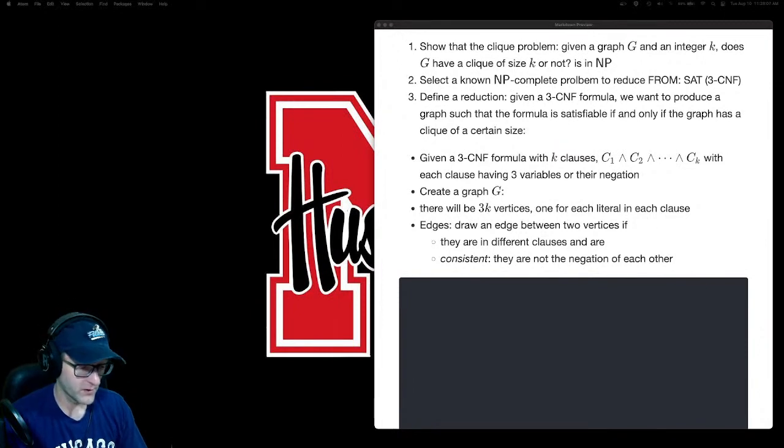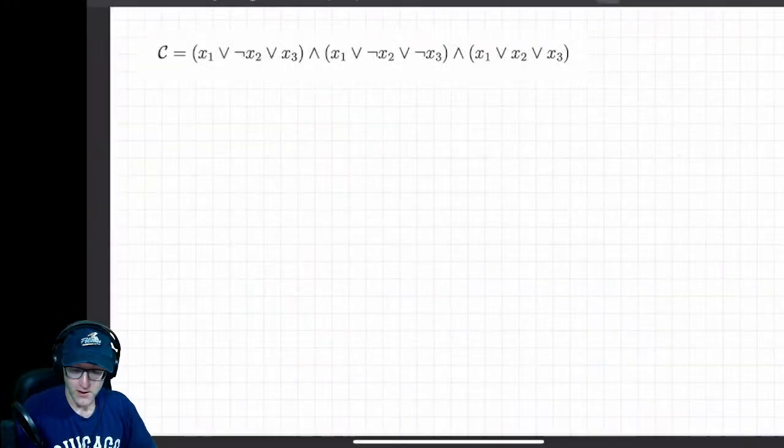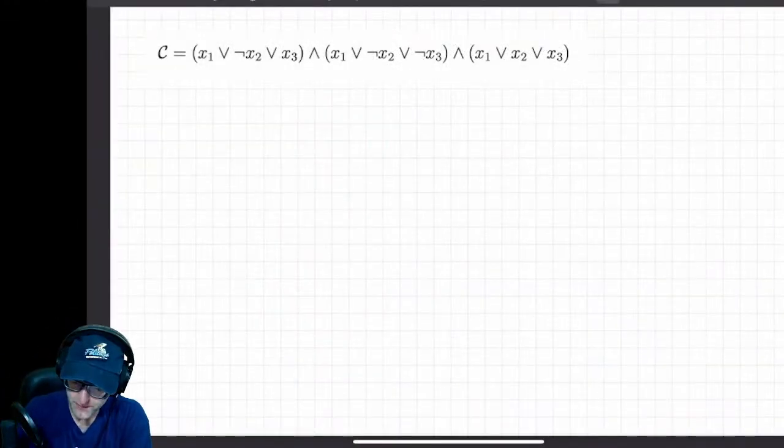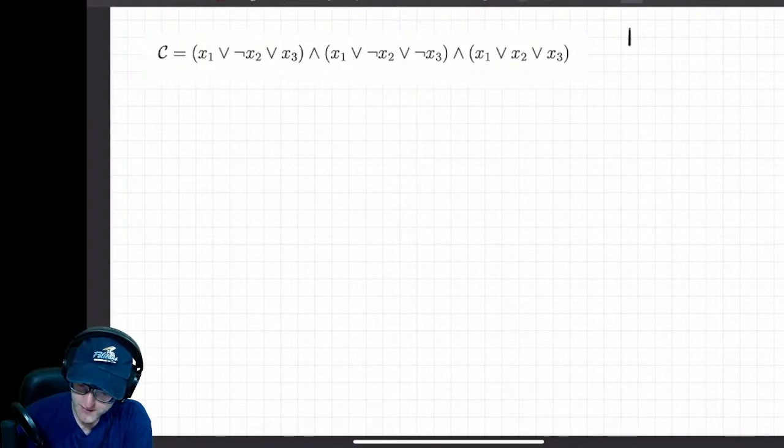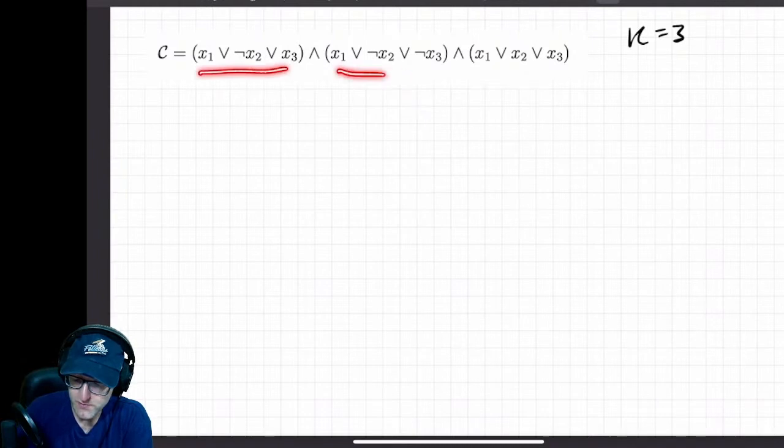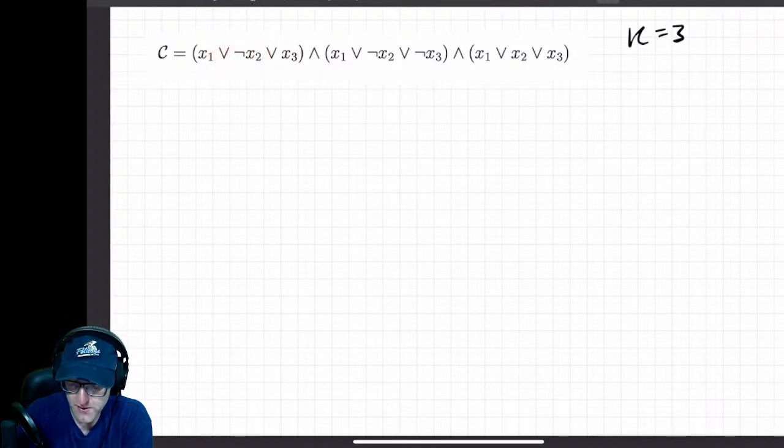All right, so what does that look like? So let's go back over here just to show you an example. Here is a 3 CNF formula. k, of course, is 3. It has 3 clauses, 1, 2, 3. Each clause has 3 literals or their negation, and it's in conjunctive normal form, ORs and ANDs outside.